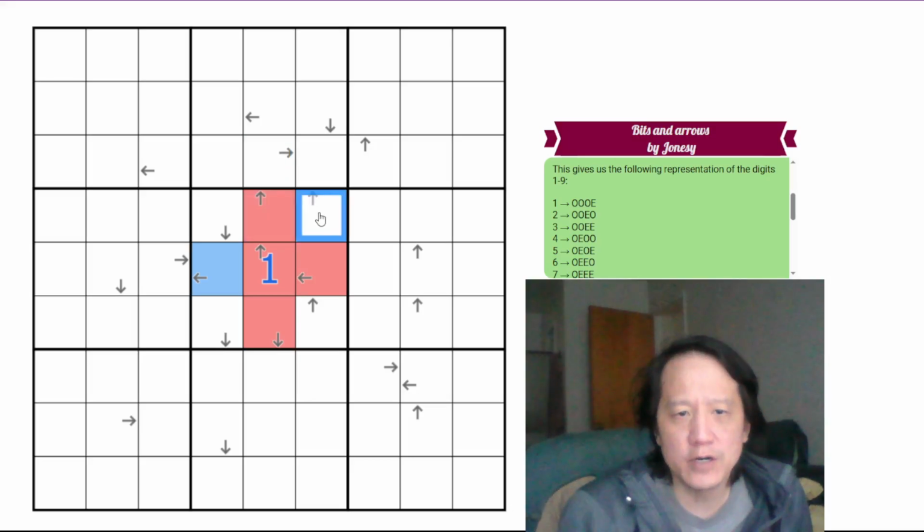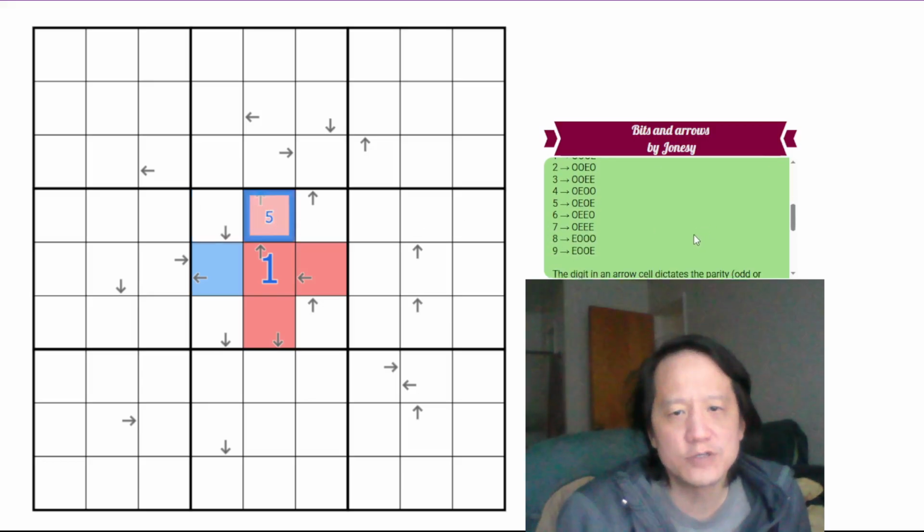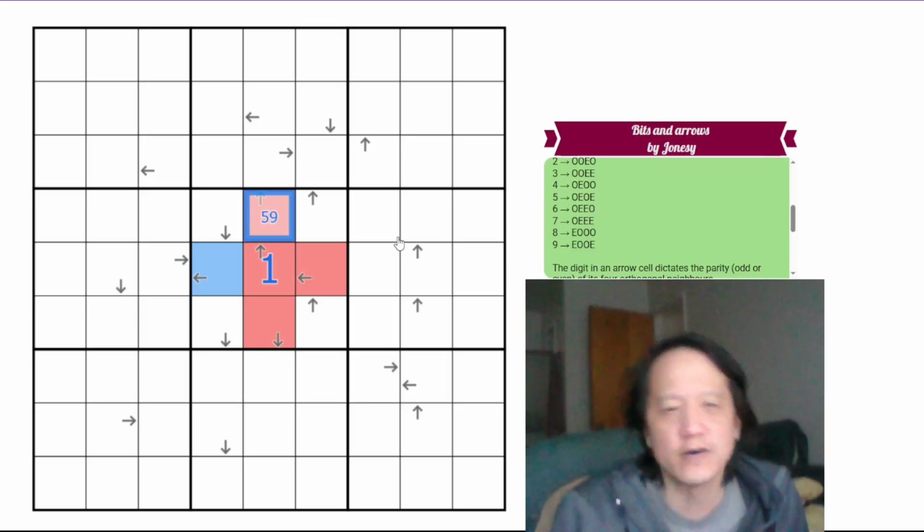This would be odd, odd, even, even if it's 3, so 3 does not work here. Odd, even does work, so 5 could be here. Odd, even, even does not work for 7. 9 is even, odd, odd, even, so that works that way. So that could be 5 or 9.